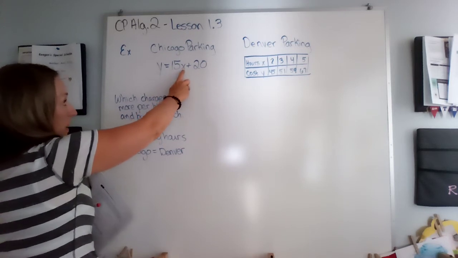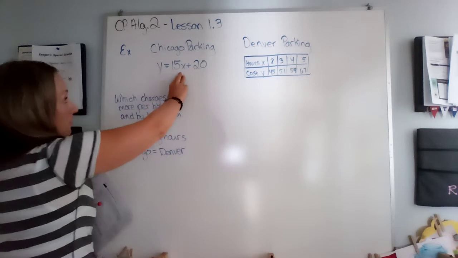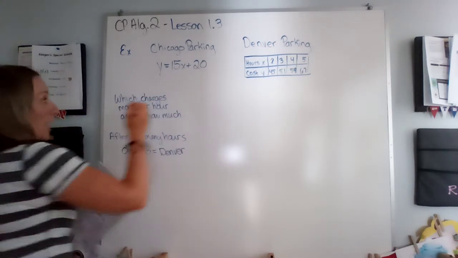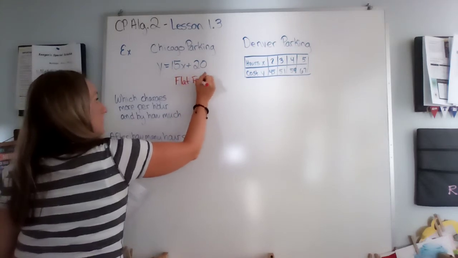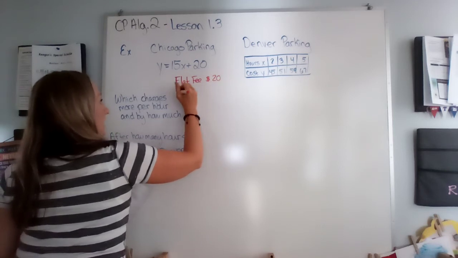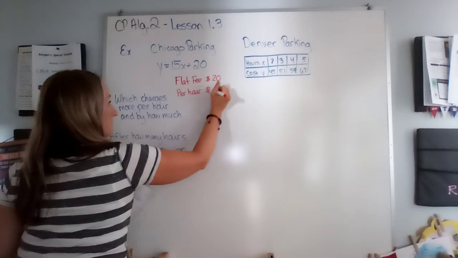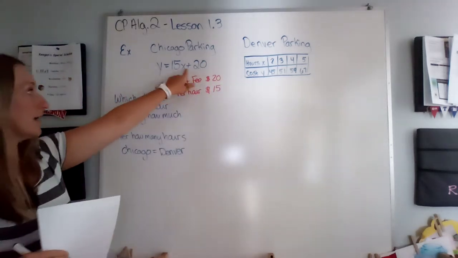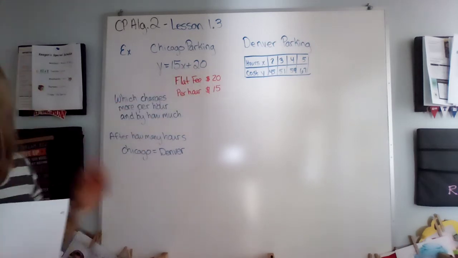For 2 hours, 2 times 15 is 30, so it's $20 plus 30. So you have this flat fee of 20 and then $15 per hour. Let's write that down. Flat fee, $20, and then per hour, 15. If you think in terms of y equals mx plus b, the m is the per hour rate and the b is the flat cost.